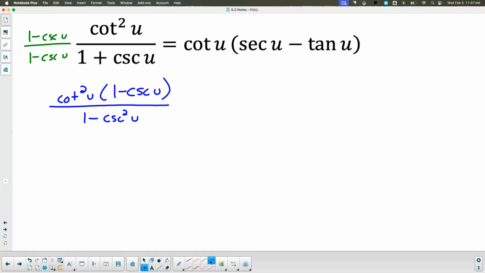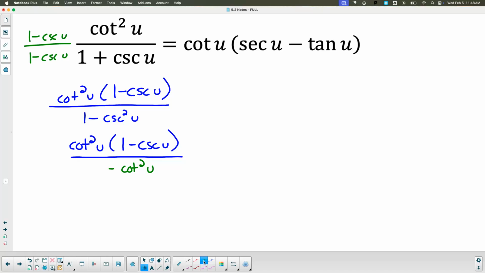It is negative cotangent squared, because identity number 10 says cosecant squared is equal to 1 plus cotangent squared.